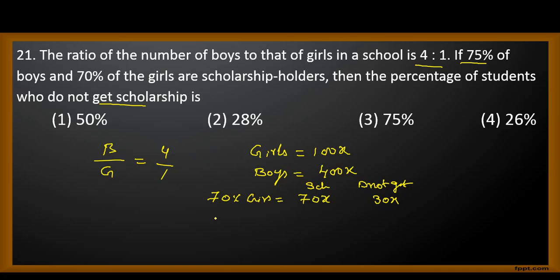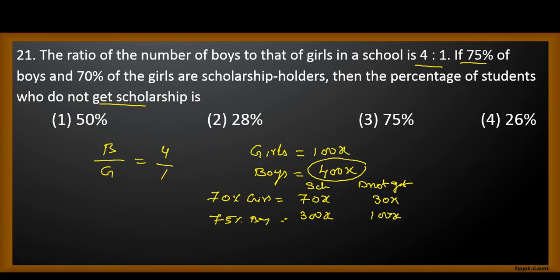Now what about boys? 75% of the boys got a scholarship. It means what is 75% of 400x? Because the number of boys is 400. 75% of 400 is 300x. Now what is the total number of boys? 400, in which 300 got a scholarship, the remaining 100 won't get a scholarship, 100x.